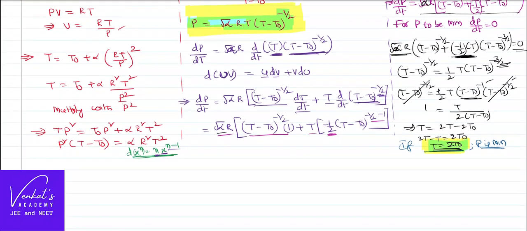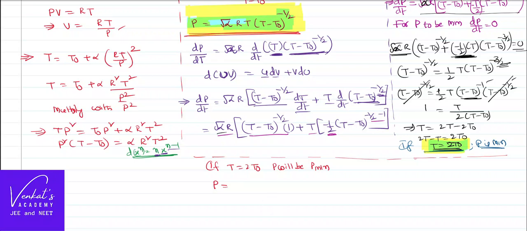So what I can say, if T equal to 2T naught, P will be P minimum. We know the equation for the P. We have derived the equation. This is the equation that we have derived. So in that equation number 1, let us substitute T equal to 2T naught, so that I will get P as P minimum.